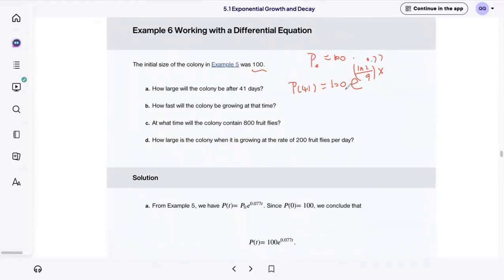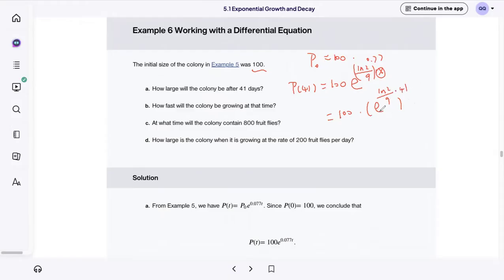Then just calculation. So this equals 100 multiplied by, we go to the calculator, e raised to ln2 divided by 9, and then times 41 days.